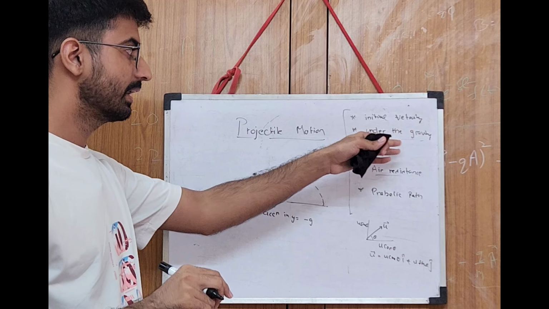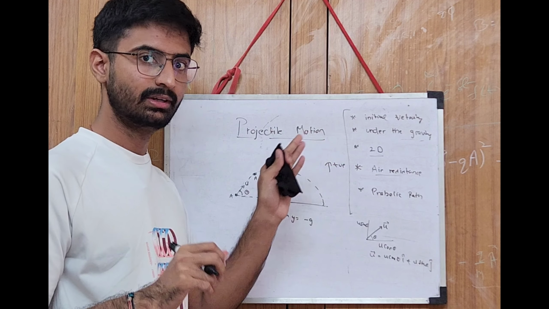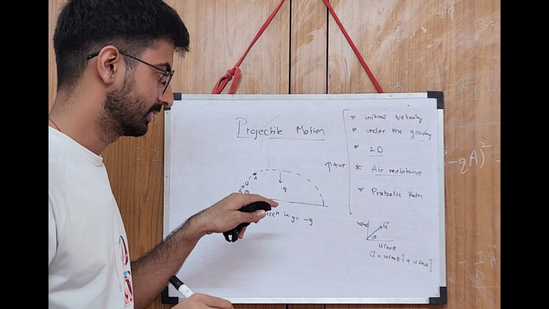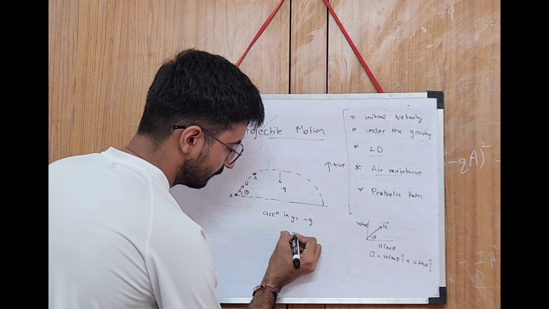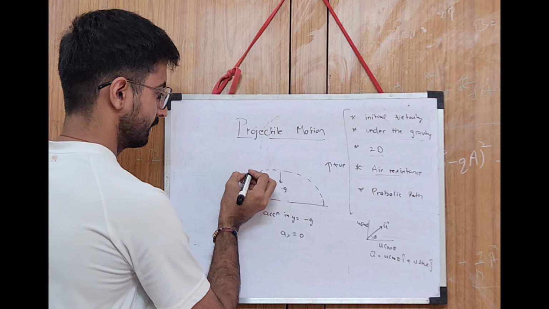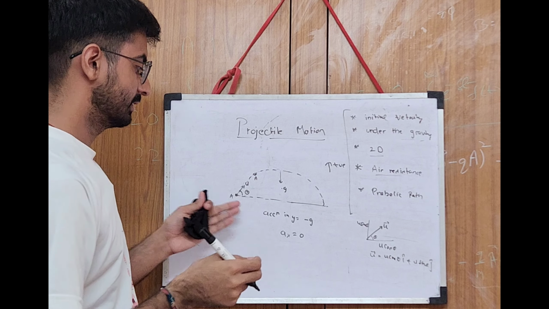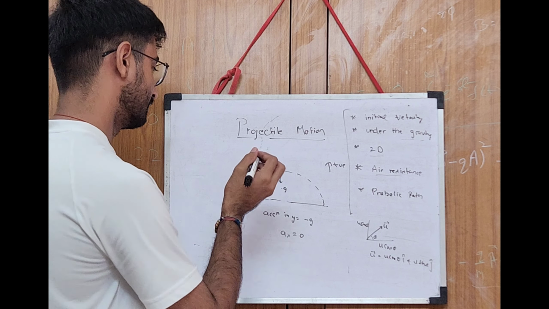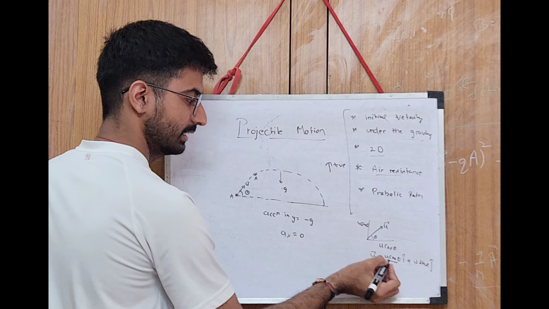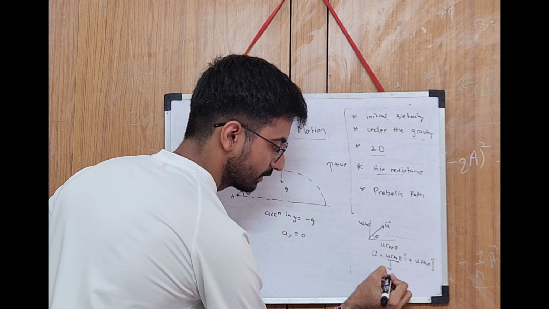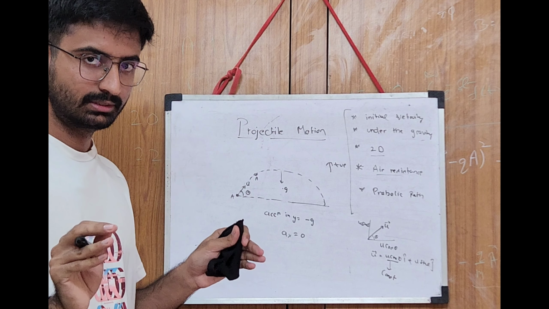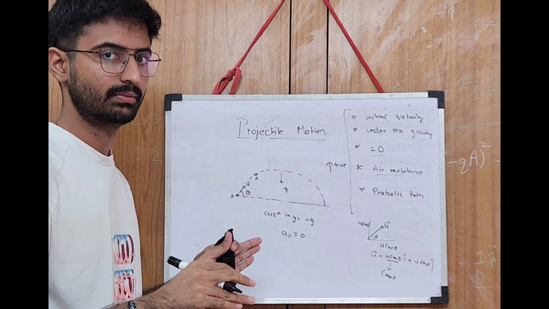We have acceleration due to gravity only on the y axis, and there is no acceleration in x, so ax will be 0. Because there is no acceleration in the x direction, that component of velocity will remain constant throughout the motion.